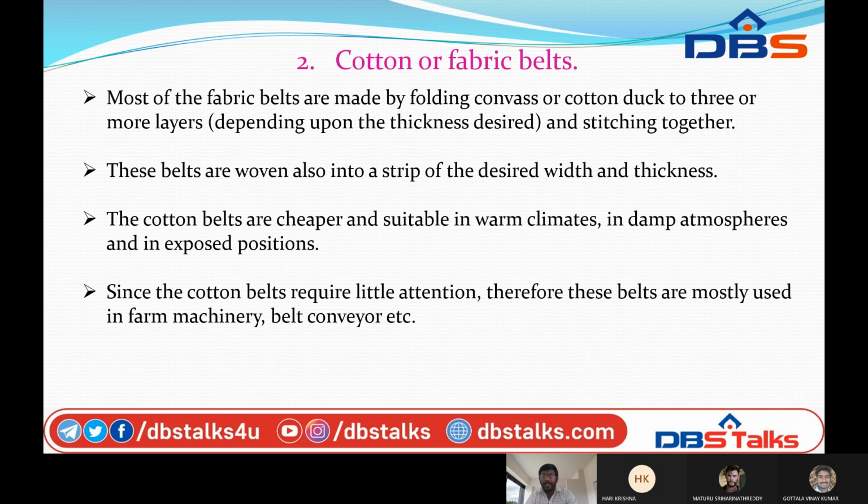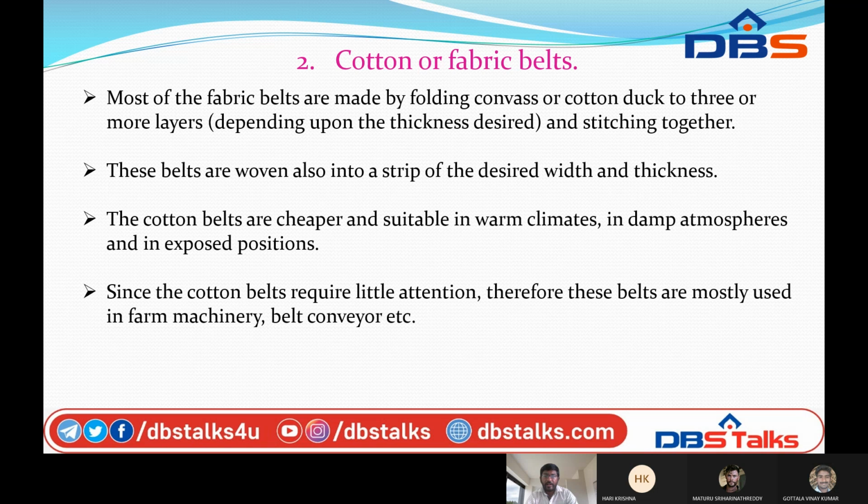Cotton or fabric belts. Most of the fabric belts are made by folding canvas or cotton duck into three or more layers, depending upon the thickness desired, and stitching together.